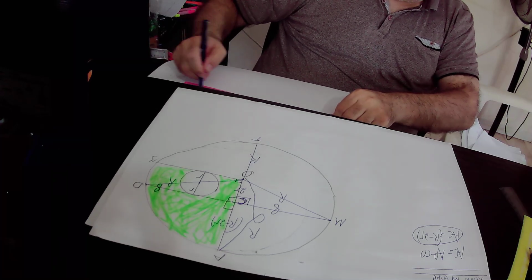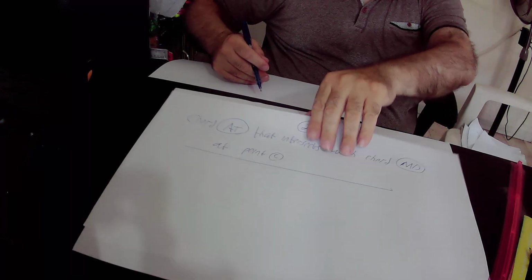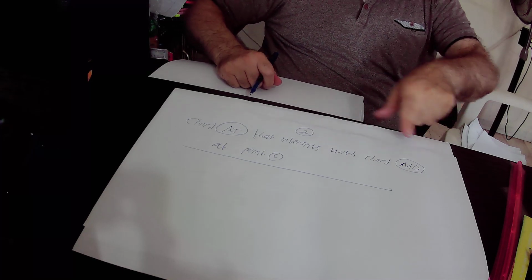I repeat again: in our drawing, we have chord AT that intersects with chord MD at point C.